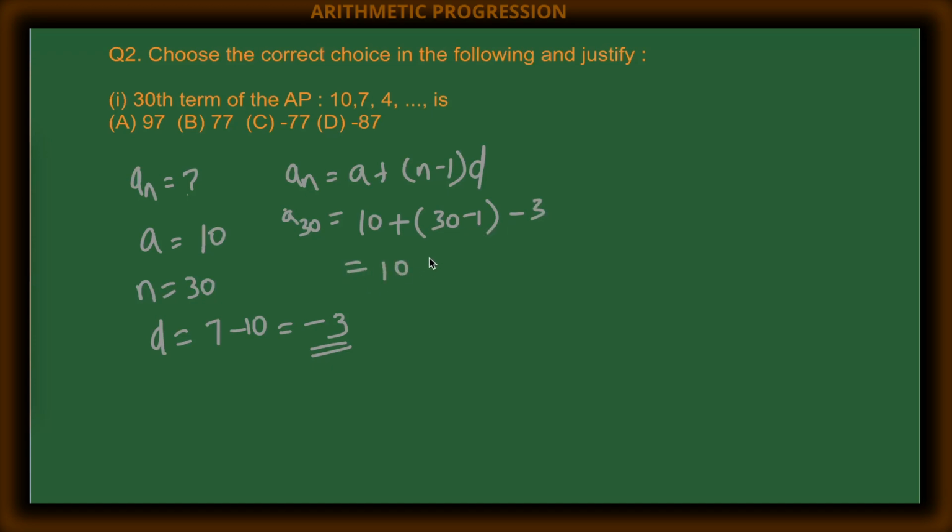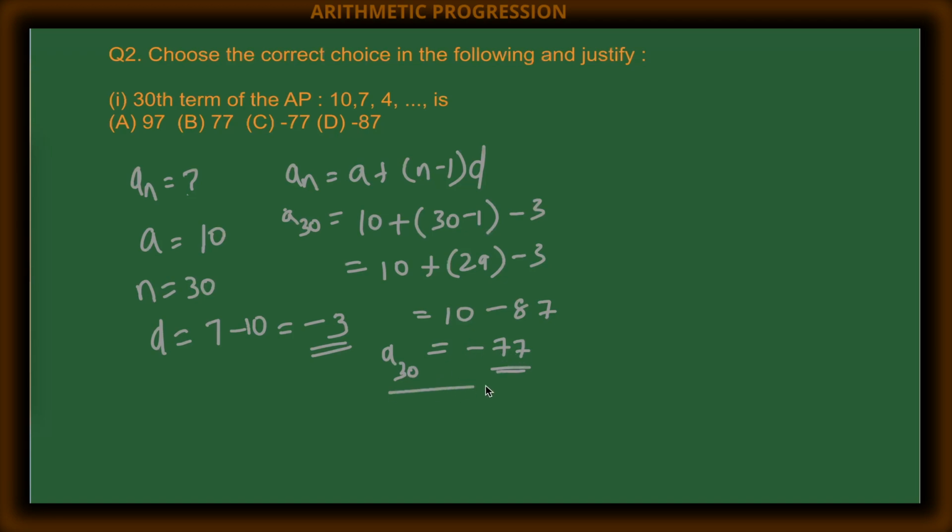So 10 plus 29 into minus 3. 29 into 3 is 87, so 10 minus 87 is minus 77. So we have the 30th term as minus 77.